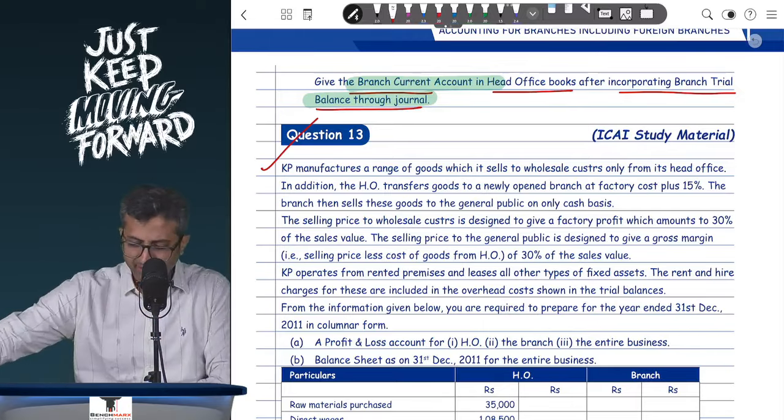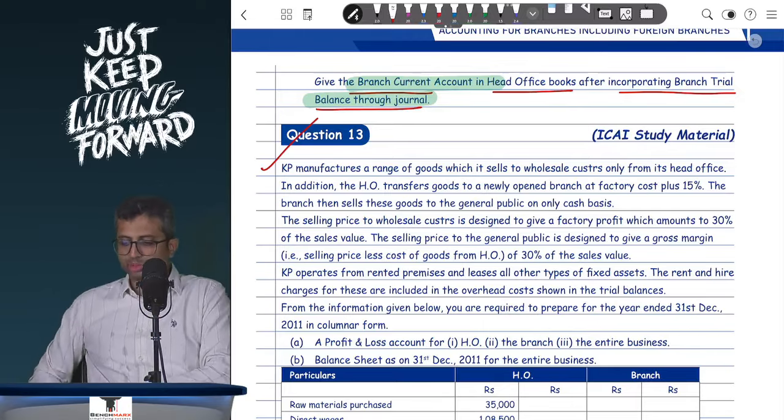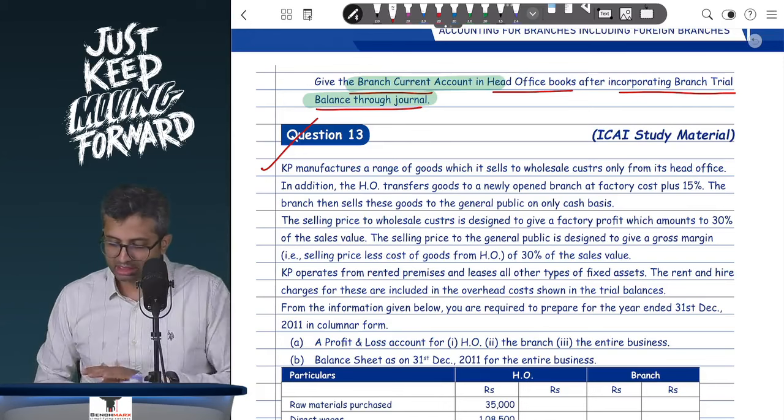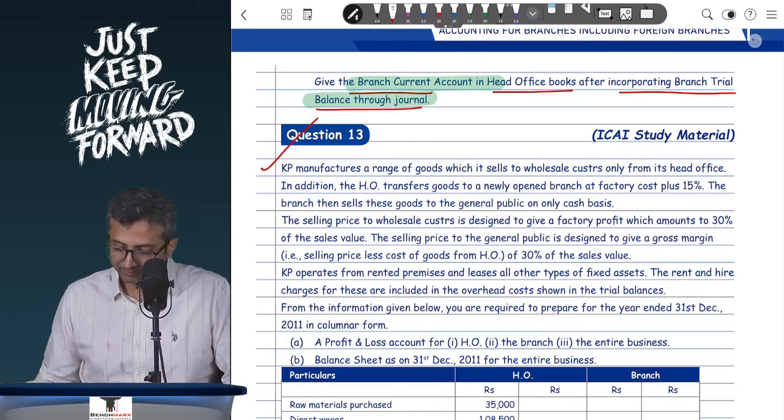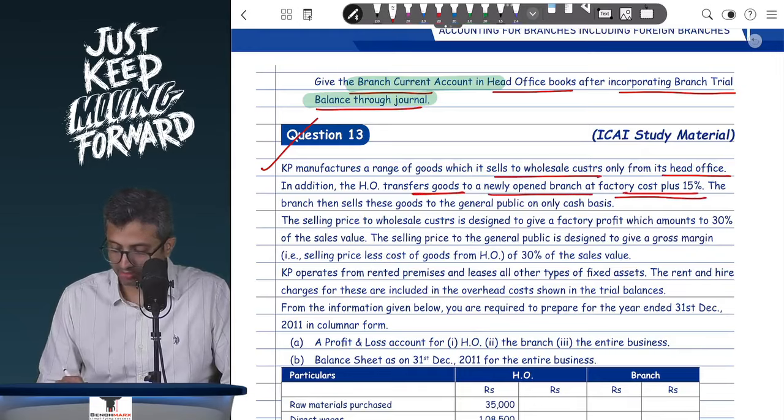Now KB manufactures a range of goods which it sells to wholesale customers only from its head office. So from the head office, you are selling goods to the wholesale customers. In addition, the head office transfers goods to a newly opened branch at a factory cost plus 15%, and the branch will then sell these goods to the general public only on cash basis.